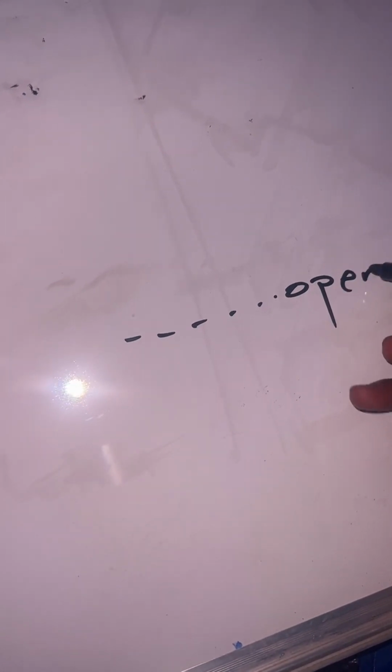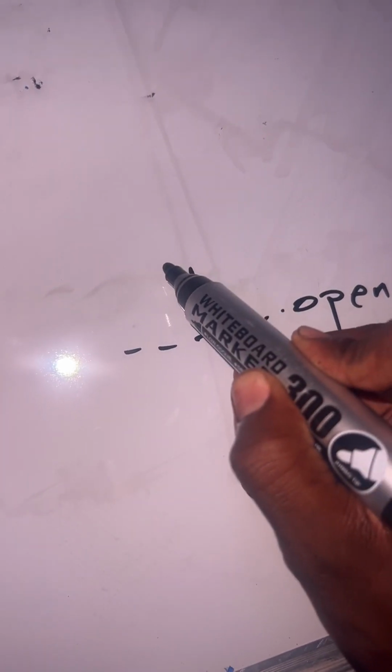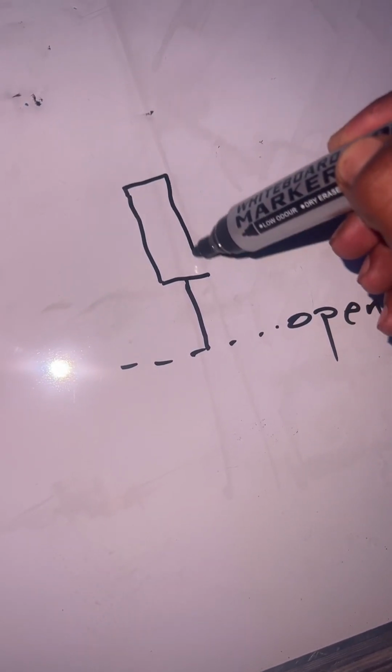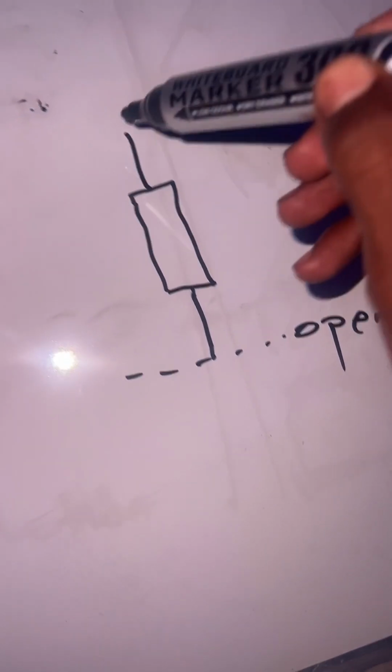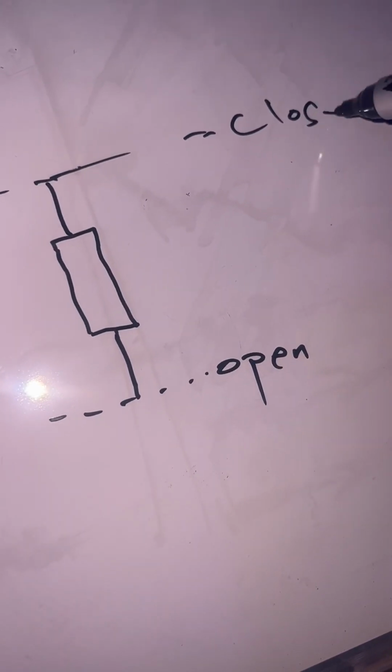So from our open, our candlestick creates a wick, right? Then it goes to a certain point and creates a body, and then creates another wick, reaching another level. Maybe this is the close of our candle.